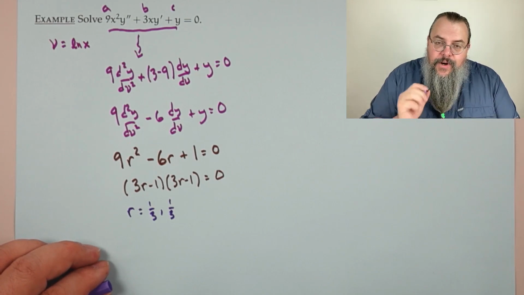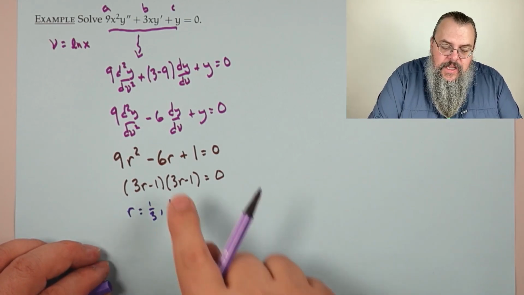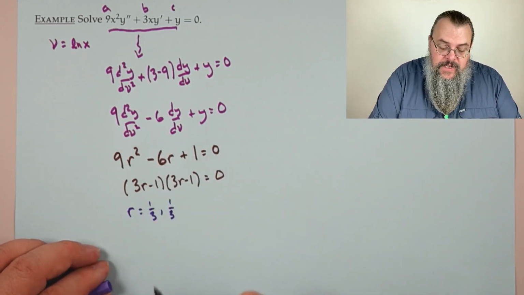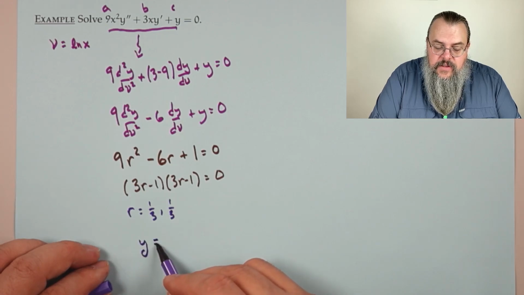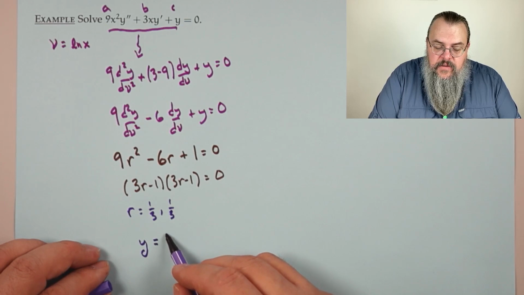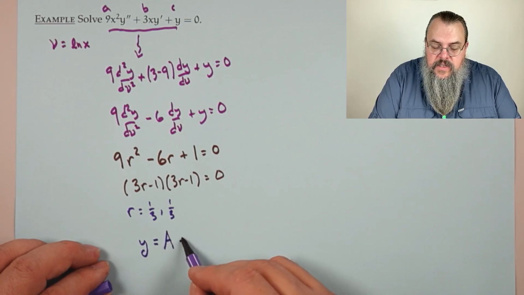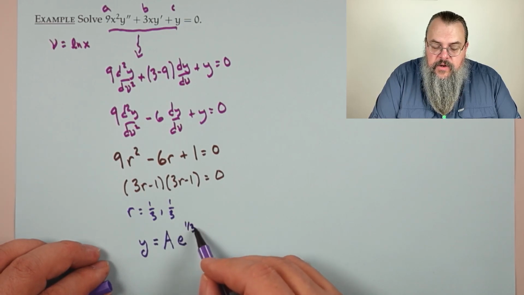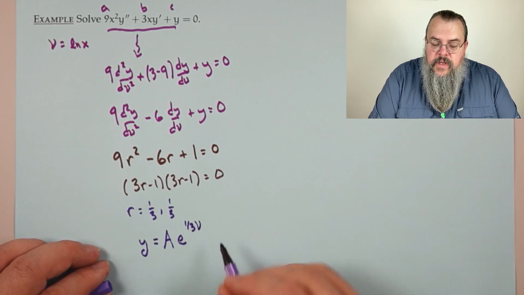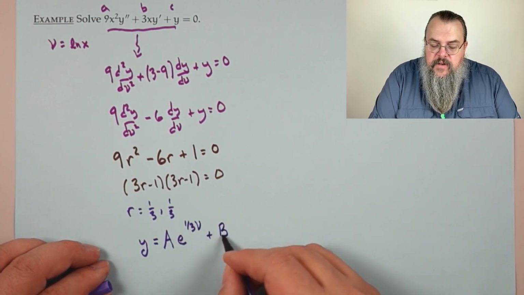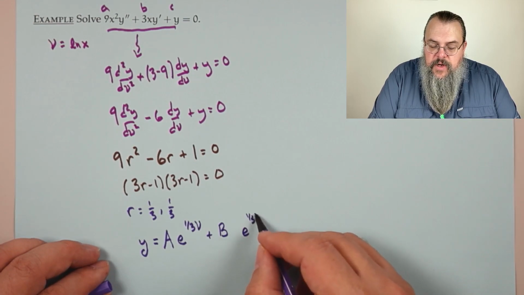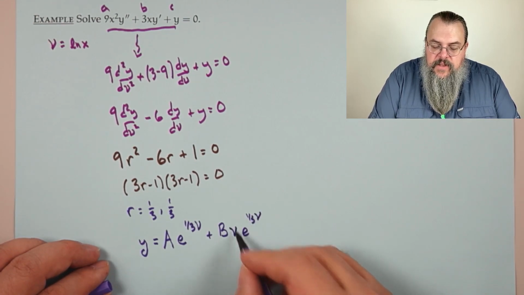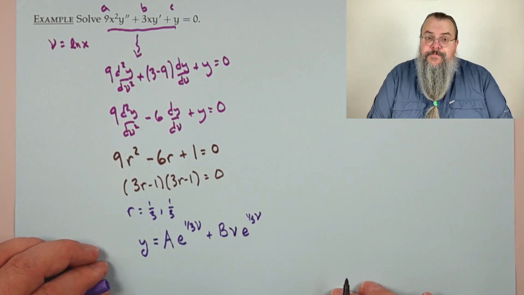So, what does this tell us? Well, in terms of nu, our differential equation looks like the following: some constant times e to the 1/3 nu, plus some other constant times e to the 1/3 nu, but because it's repeated, you have to add in a factor of nu.